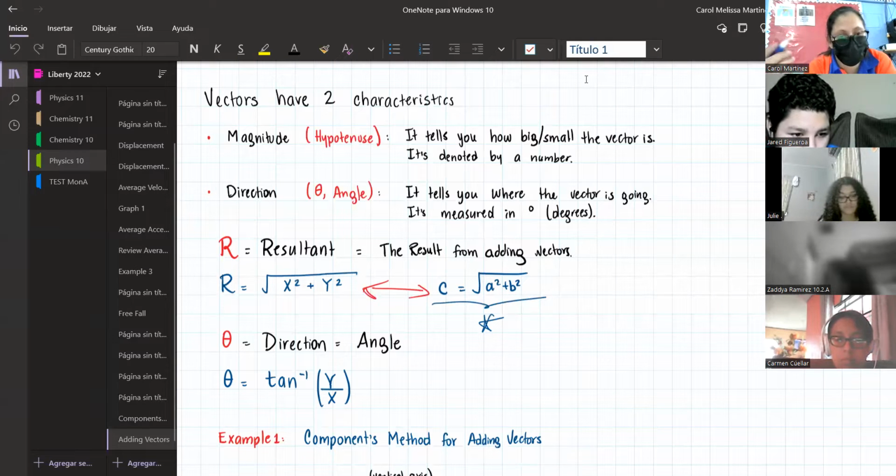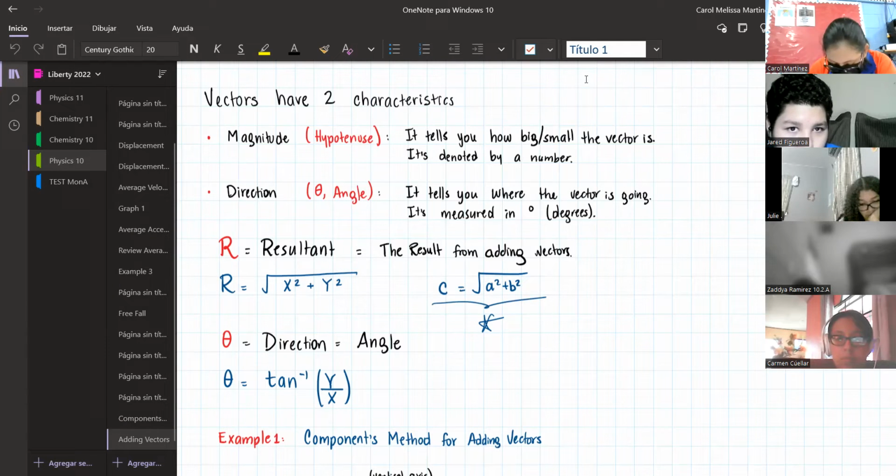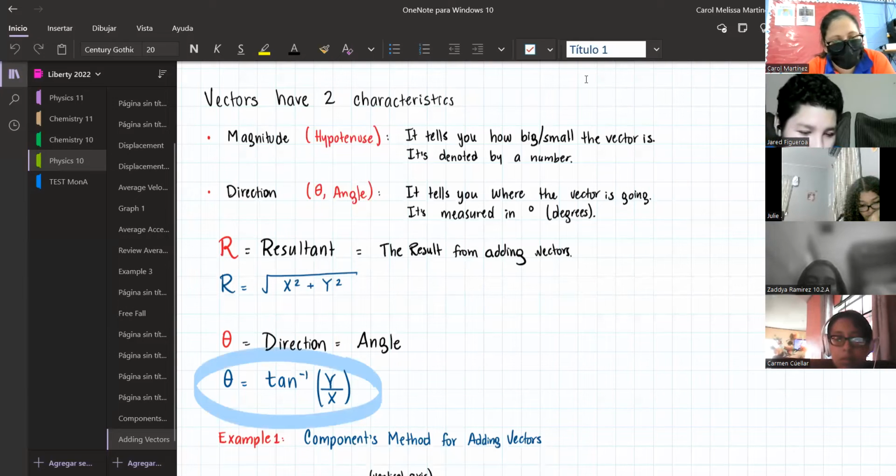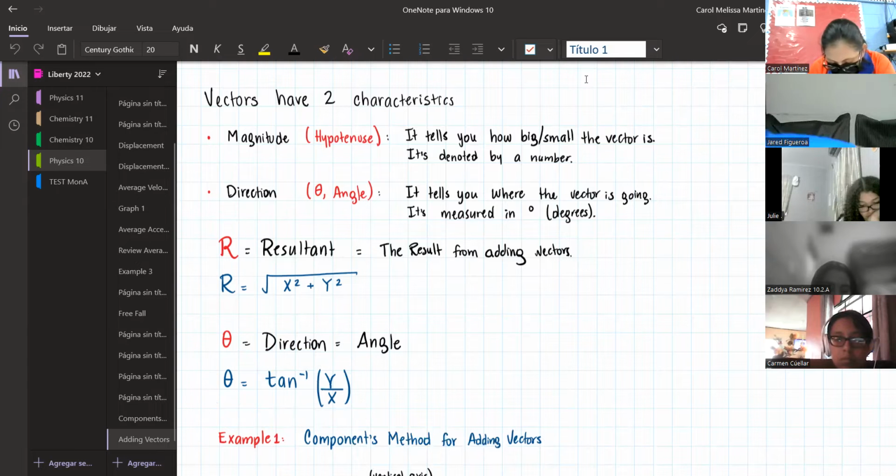And the angle, we're going to get it by using this formula over here. Angle is equal to tan, tangent, but tangent to the -1 is known as arctangent. So this formula is arctangent of y divided by x.